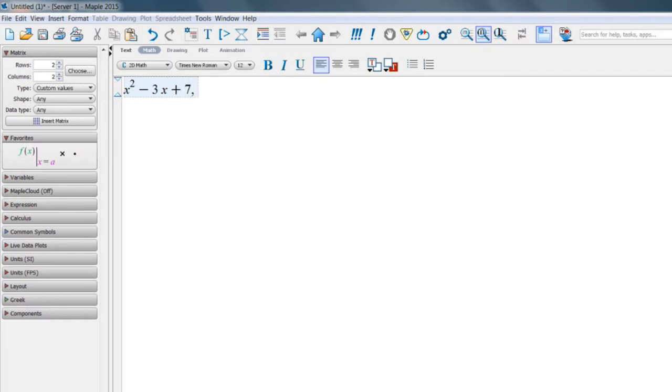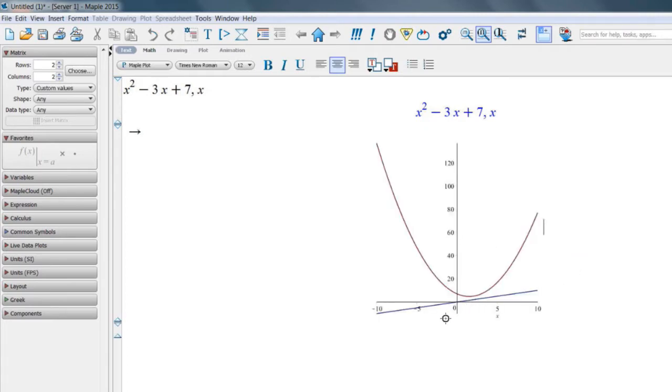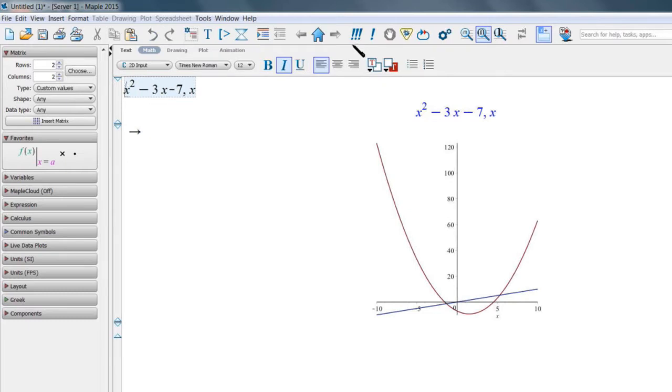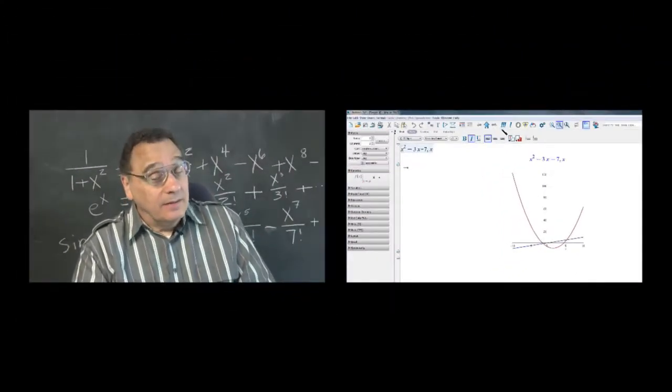I'd like to see if that can be made equal to x. Let's do it graphically. You see these two curves do not intersect. There's no solution to x squared minus 3x plus 7 equals x. But what if we change this to minus 7? Now they intersect, but they intersect more than once. Take away from this: fixed points for a function could be none, maybe one, or many.